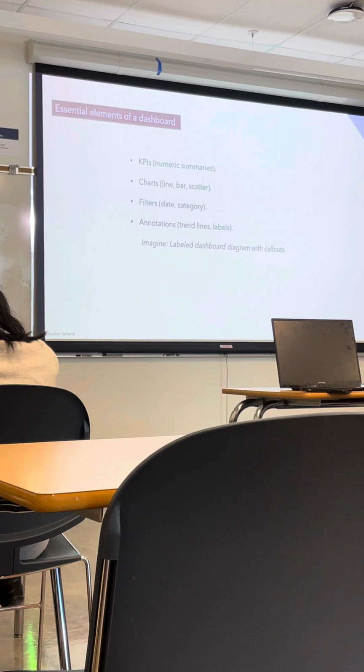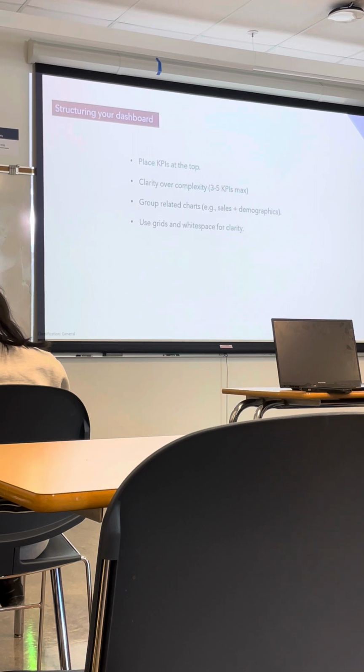And you should have your own charts, filters probably sometimes, which is not mandatory all the time. Annotations, again, you have your trend lines, labels, or you have a caption, you have a title. And this is how you're going to structure your dashboard.